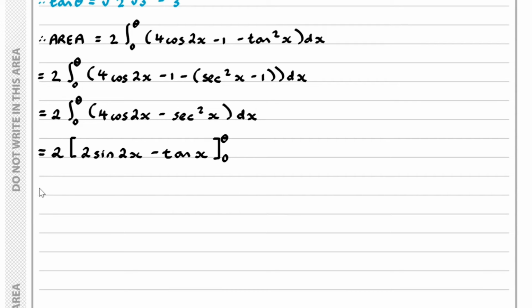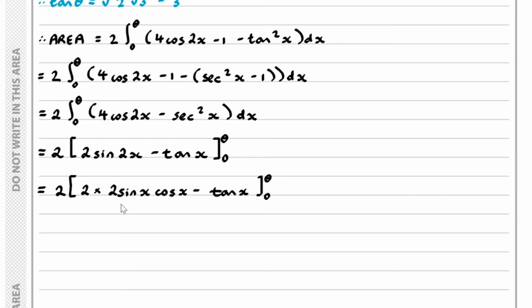So I've got 2 multiplied by 2 sine x cos x minus tan x, evaluated between 0 and theta.